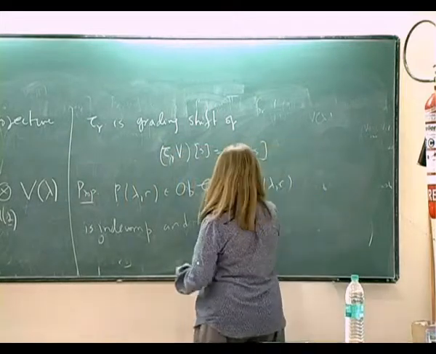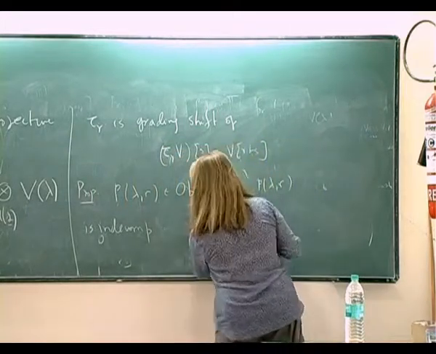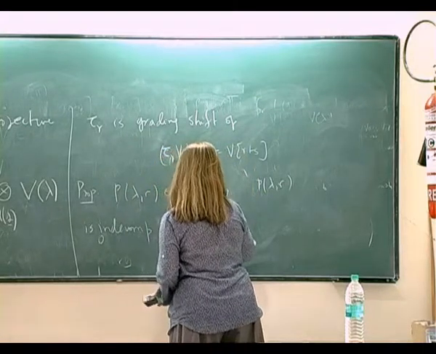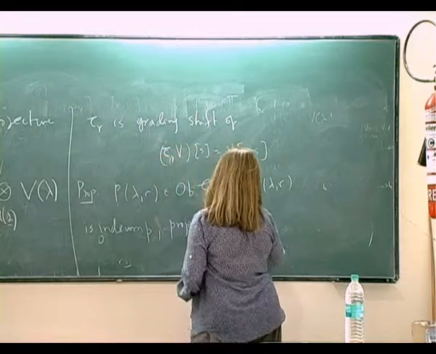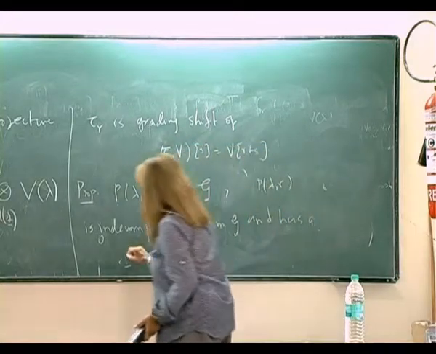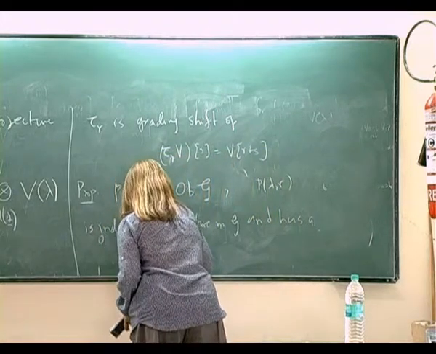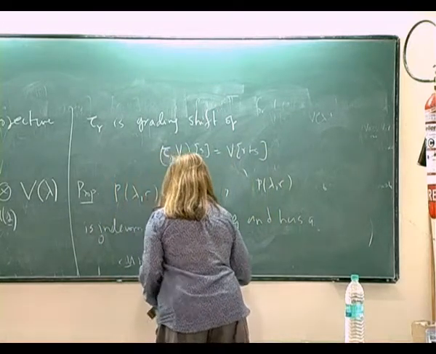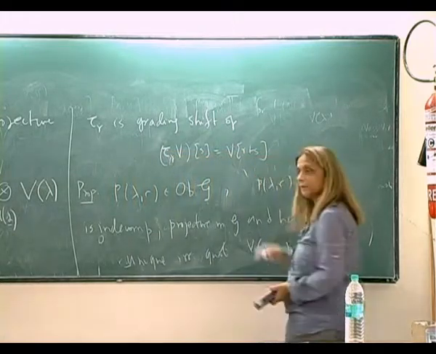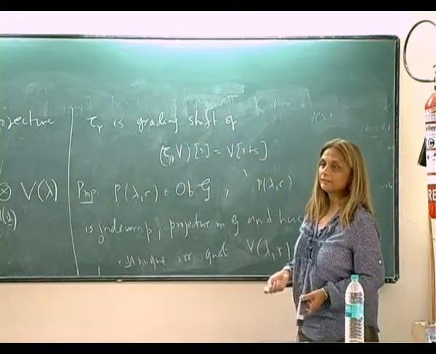P lambda r is indecomposable, projective in G, and has a unique irreducible quotient, which will be V lambda r. In other words, P lambda r is the projective cover of V lambda r.